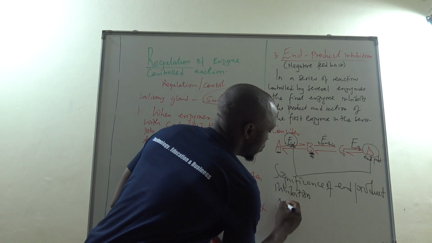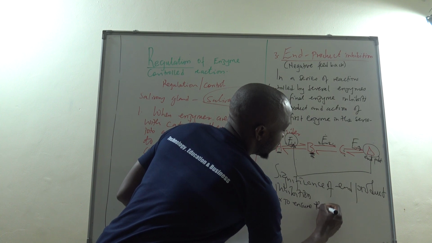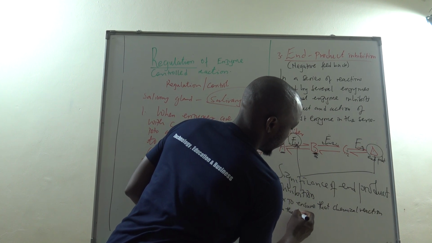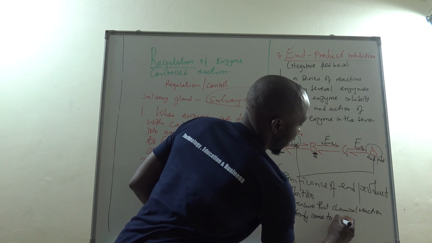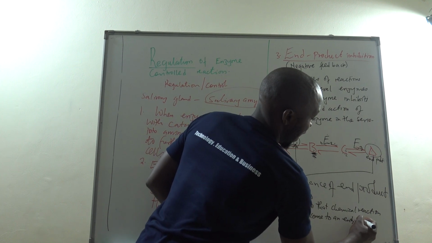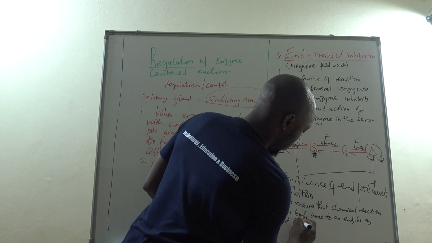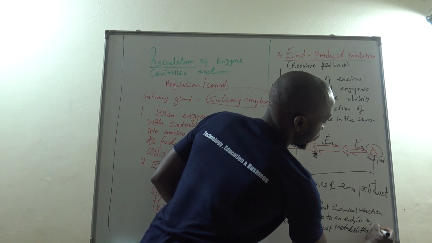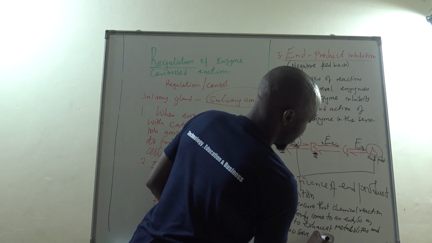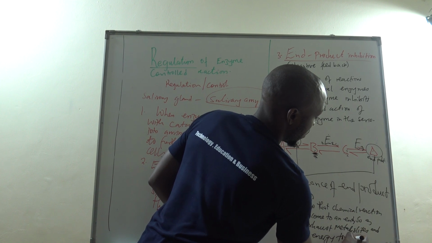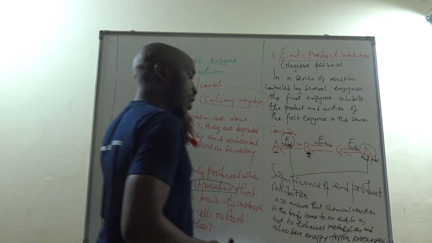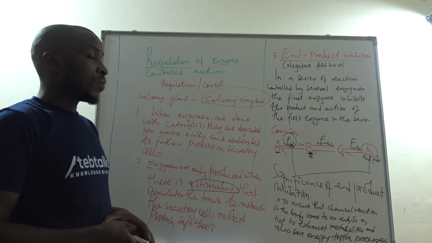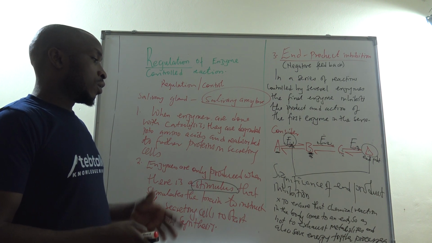The main significance is to ensure that chemical reactions in the body come to an end, so as not to exhaust metabolites and also to save energy for other processes. Otherwise, if catalysis occurred throughout, if a chemical reaction begins and takes place throughout life, then the body would break down. So that is the significance.